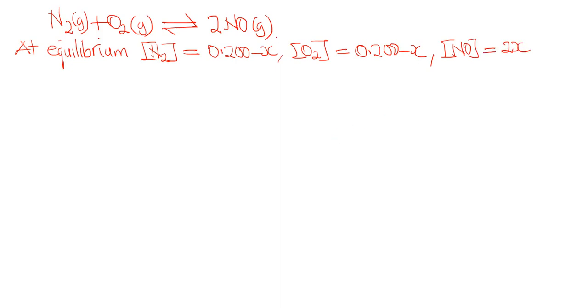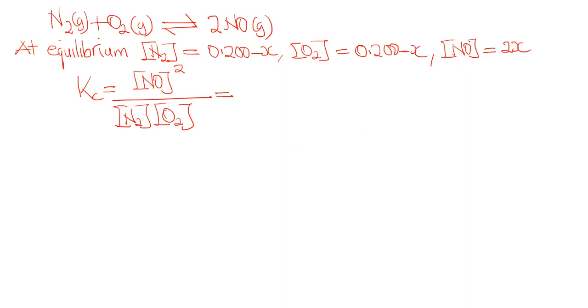Now, if we come back to this equation, we'll see that Kc is equal to the concentration of nitrogen monoxide divided by the concentration of nitrogen and the concentration of oxygen.